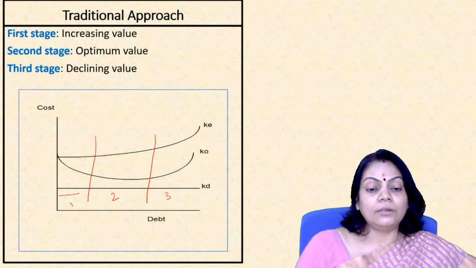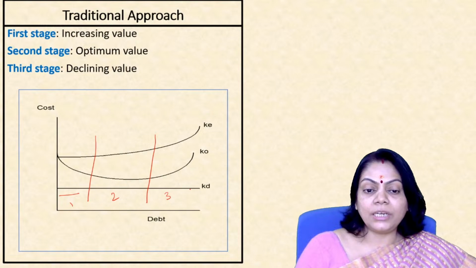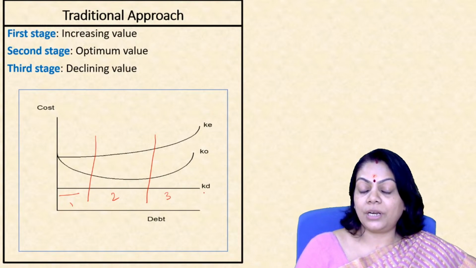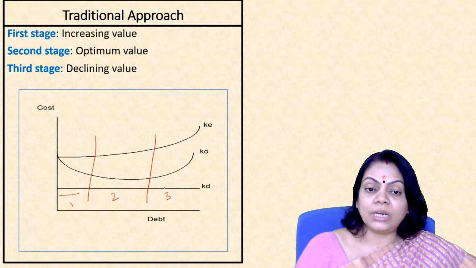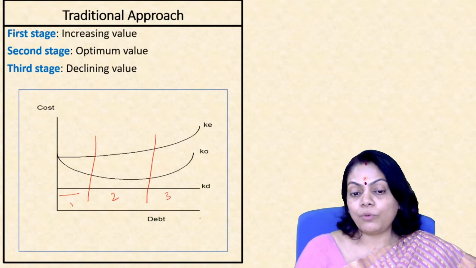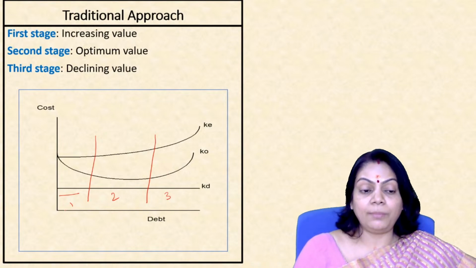Now see, according to the traditional approach, the cost of debt remains constant irrespective of the debt you are taking. Because the cost of debt is constant, initially, as you increase your leverage, you're taking more and more debt. On this side, I'm showing you the total leverage, the amount of debt I'm taking.